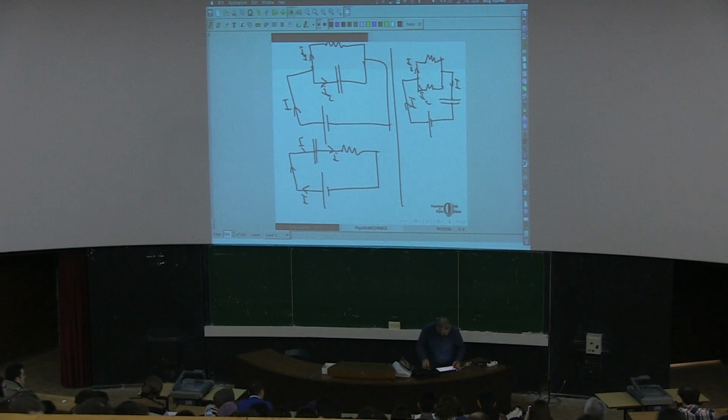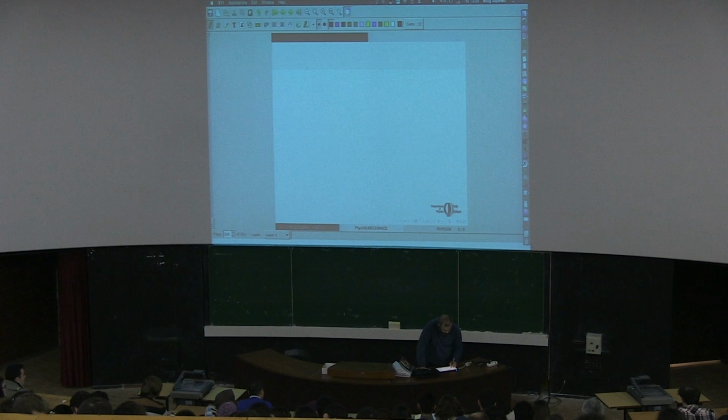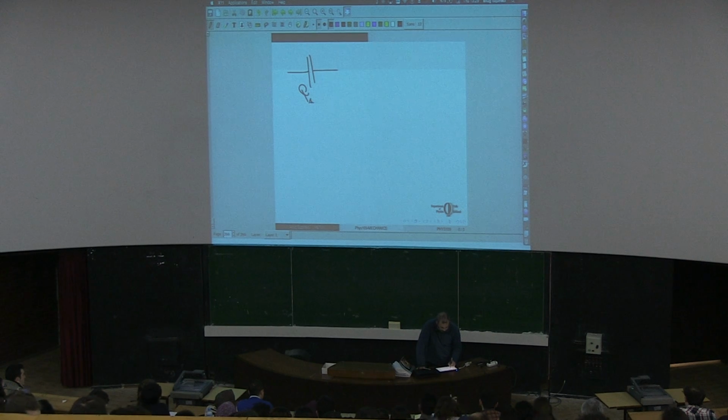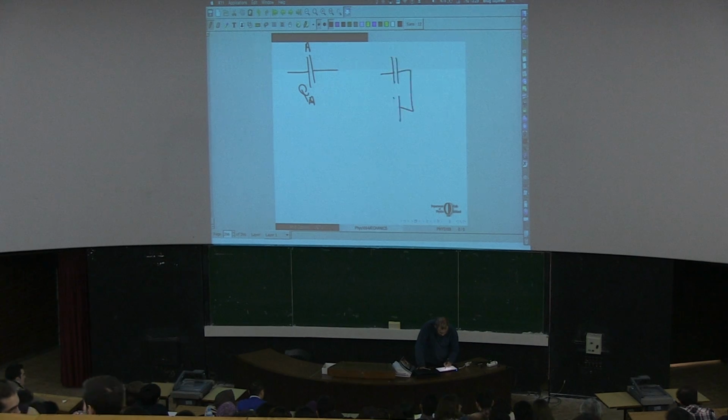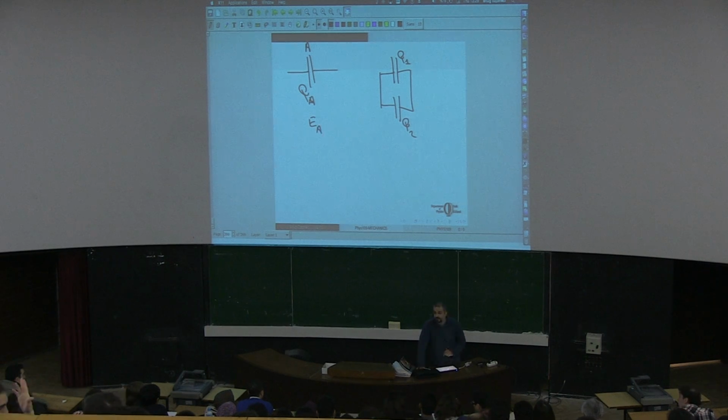So do you agree? Now this is the question. We have the initial capacitor charged by some, let's say, Qa. This is your capacitor A. Then you connect it to the second capacitor, just like in the previous problem. Then this is, let's say, Q1 and Q2. Here you have some total energy stored in your capacitor, EA.